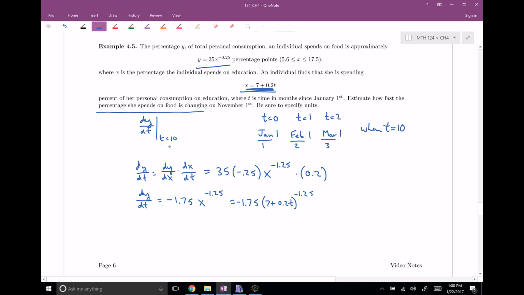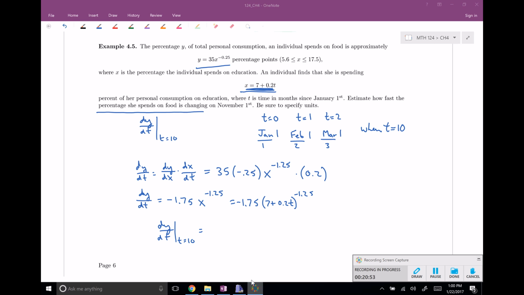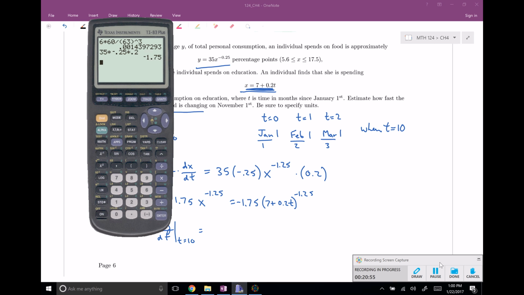Now I can actually plug in my 10 everywhere I see a t. So the derivative of y with respect to t, evaluated when t is equal to 10, is equal to, all right, now I need my calculator again. So I have my negative 1.75, and then I need to multiply this by 7 plus 0.2 times t.